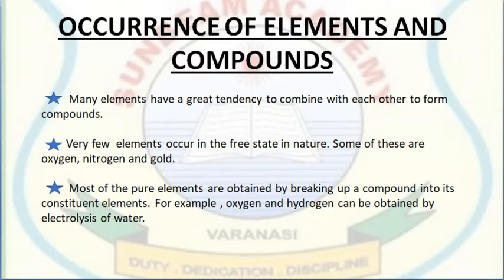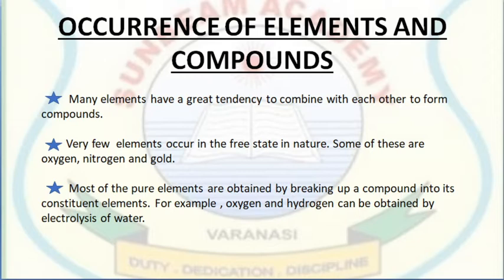Out of that, most of the elements have the capacity to combine with each other and form compounds, whereas some elements do not have this tendency. So they are found in free state, whereas some of them are found in combined state.